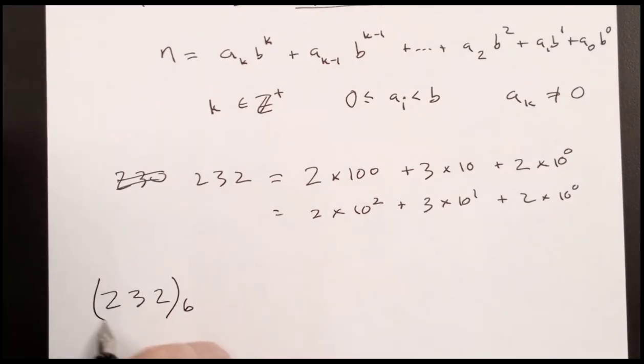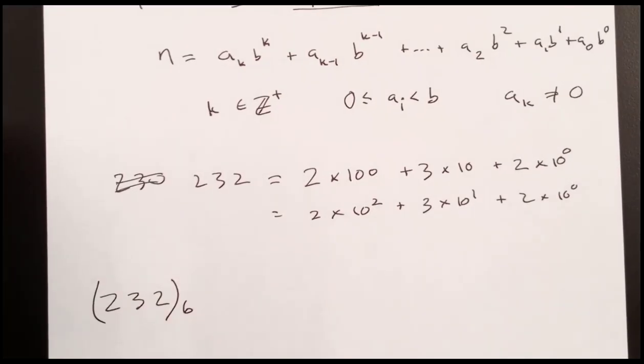I'm going to write my base as a subscript outside a set of parentheses around my number. 2, 3, 2, I can't say 232 anymore because I'm not in base 10. 2, 3, 2, base 6. What integer is this? It's 2, 3, 2, base 6, but I don't count in base 6. So to me, this is useless, isn't it?